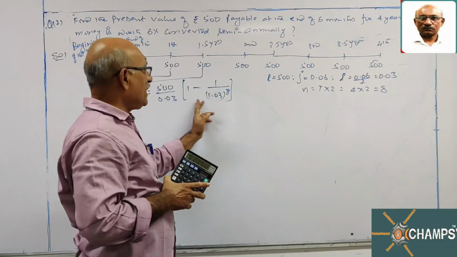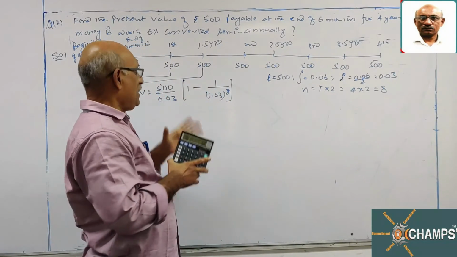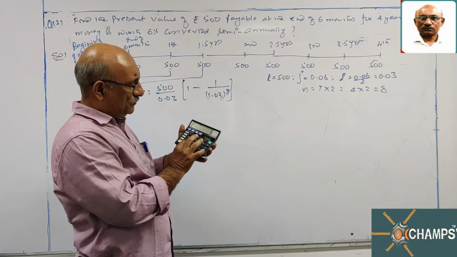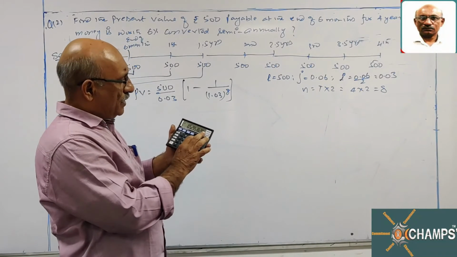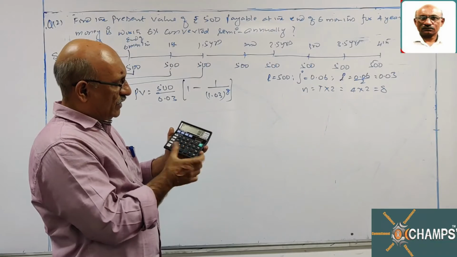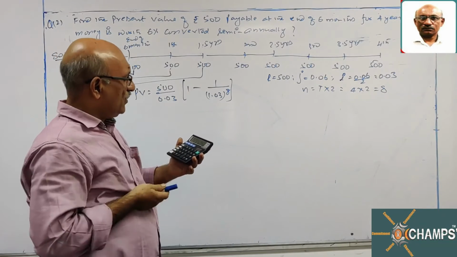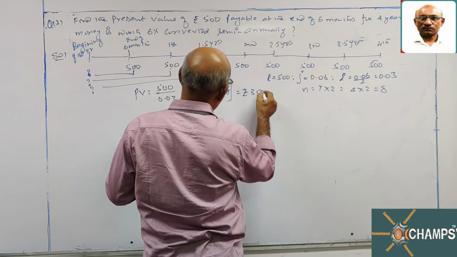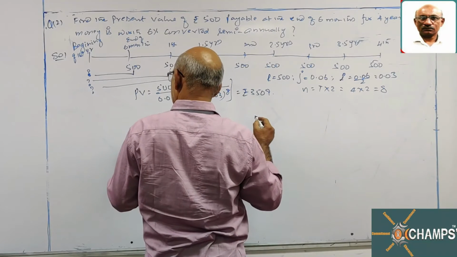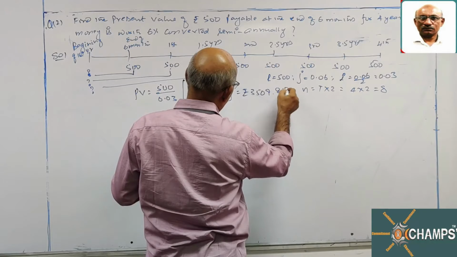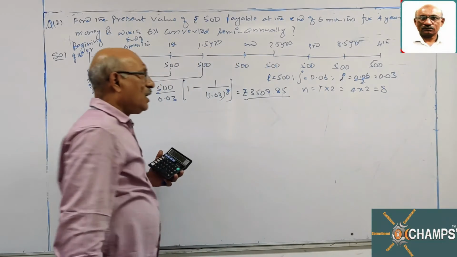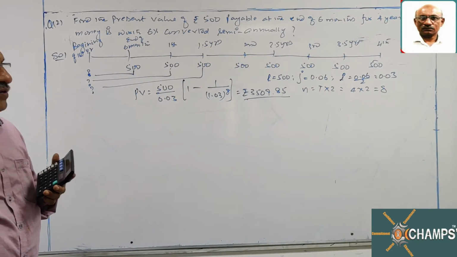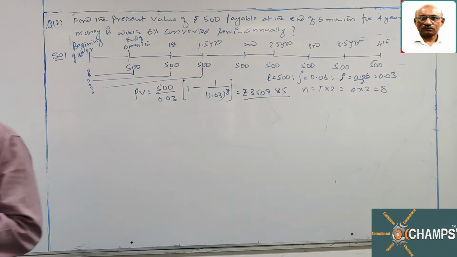Then this whole value inside the brackets is simplified, into 500 is equal to, divided by 0.03. So this is rupees 3509.85. You can approximate it.